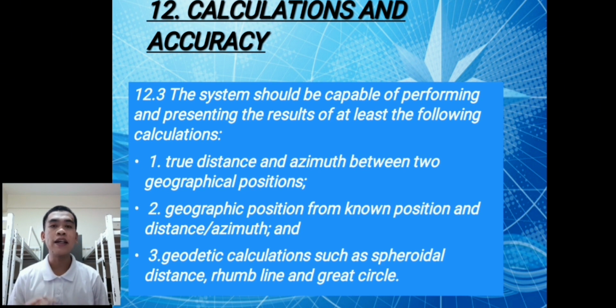And number 3, geodetic calculations such as spheroidal distance, rhumb line, and great circle. So the calculations that must be displayed in the ECDIS must include these three calculations as I mentioned previously.